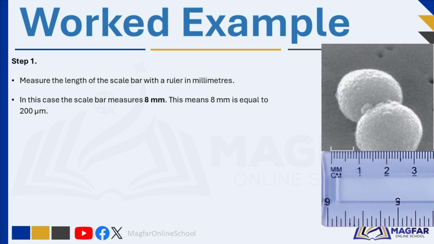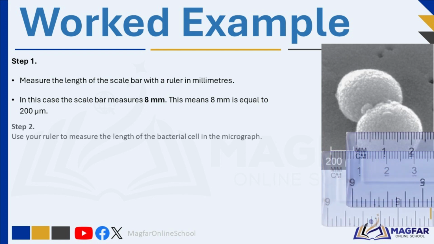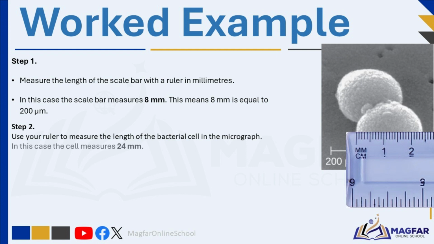This scale means that 8 millimeters on the photograph is equal to 200 microns in real life. Step 2. Use your ruler to measure the length of the bacterial cell in the micrograph. Make sure your measurement is in the same unit as your measurement of the scale bar. In this case, the cell measures 24 millimeters.